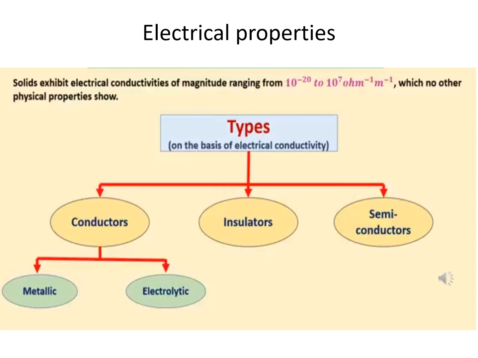And conductors are further divided into metallic conductors and electrolytic conductors. Mostly solids show electrical conductivities in the range from 10 raised to power minus 20 to 10 raised to power 7 ohm per meter.